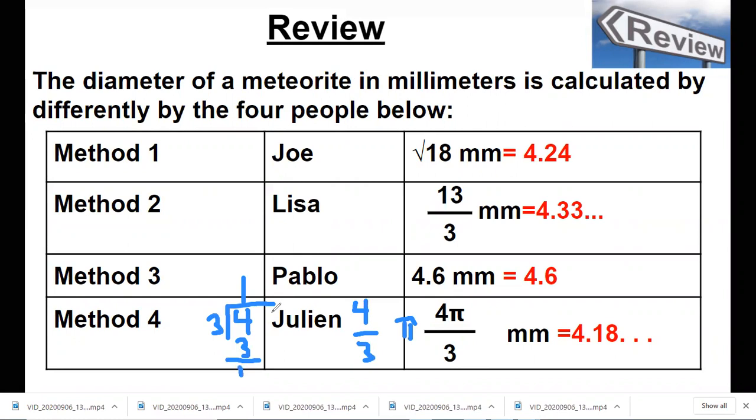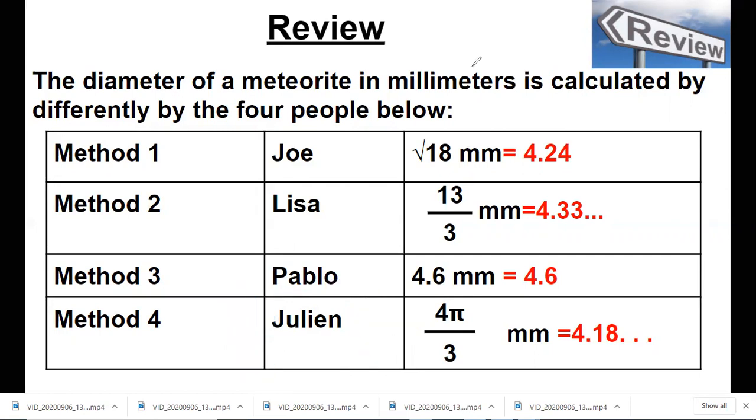Right? Or if I was going to put a 0 there and keep going, I would get 0.3 repeating. So basically 1.3. So I'm going to multiply 1.3 times pi. And if I multiply 1.3 times pi, I get 4.18 on the right there.